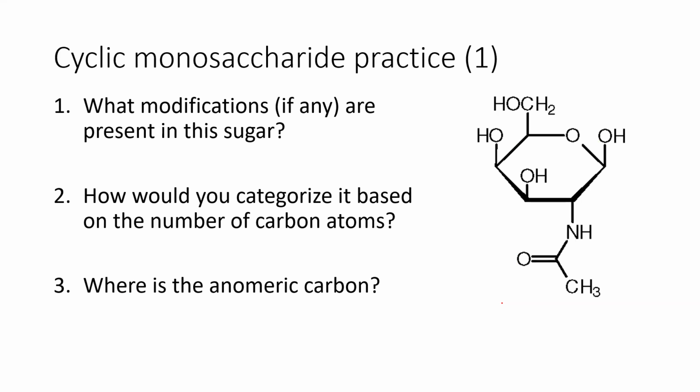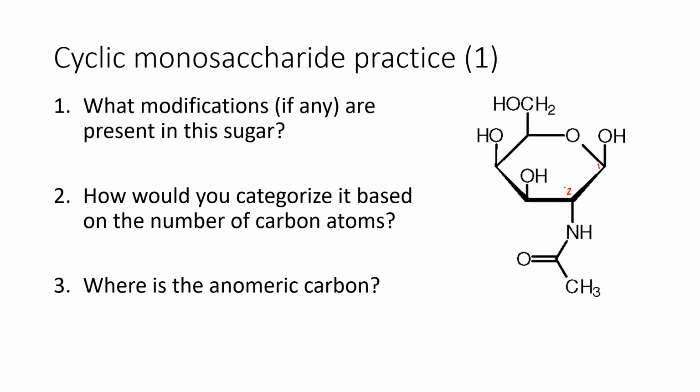So let's consider this sugar and first think about what modifications, if any, are present. Anybody can shout it out. Is it the presence of an amide group? Yeah, so it has this modification on carbon number 2.